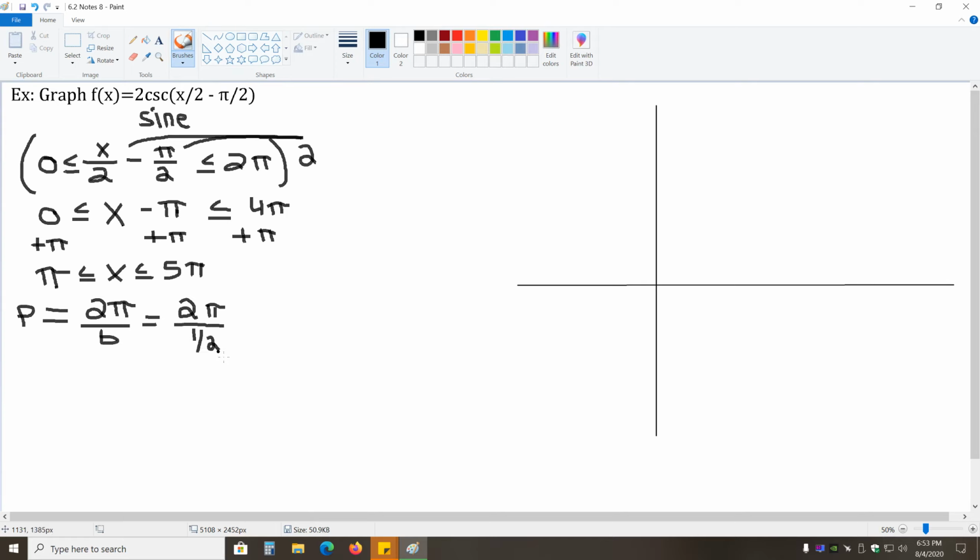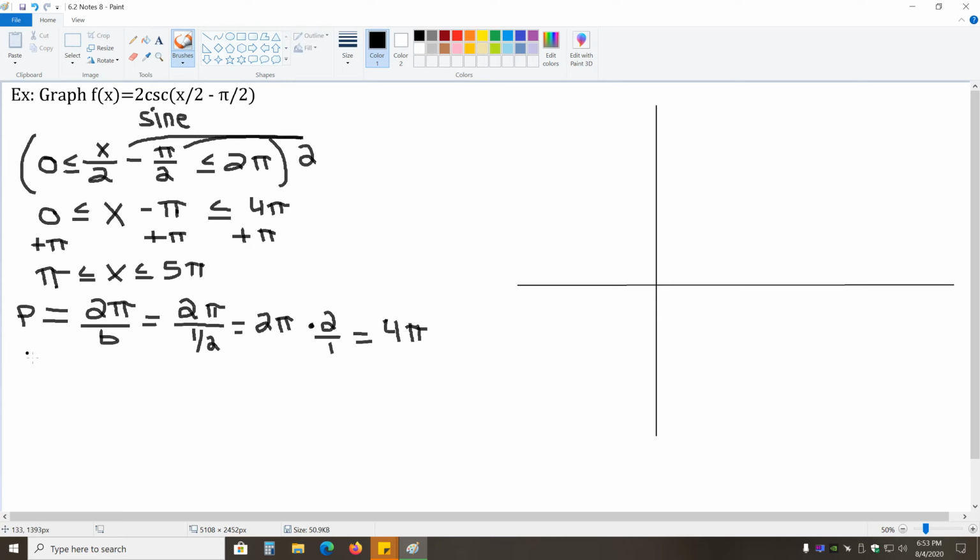It's just another way to think about it. So b is equal to 1/2. So 2 pi divided by 1/2 is the same thing as 2 pi times the reciprocal. Remember, if you're ever dividing by a fraction, you can multiply by the reciprocal. So we get 2 pi times 2 over 1, which gives us 4 pi.